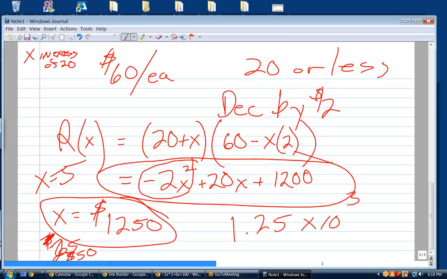So this minus 2 tells us we're looking at a parabola like that. So whatever that value is, the one you gave makes a lot of sense. In other words, this airline actually increases their revenue by taking on additional passengers and offering them a discount.